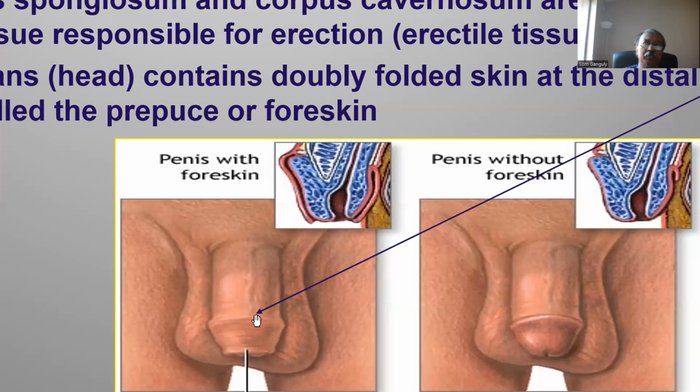Now, we talked about circumcision. When a patient has excessive foreskin, circumcision is done, and we have after circumcised tissue, we have this illustration here.